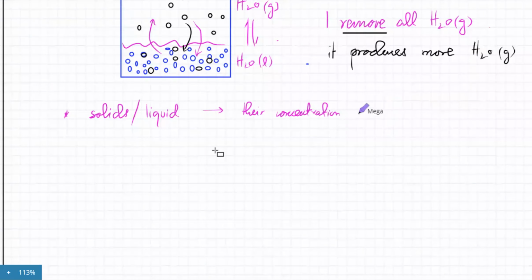Because you have to understand what concentration is. The term concentration only applies to aqueous solutions.